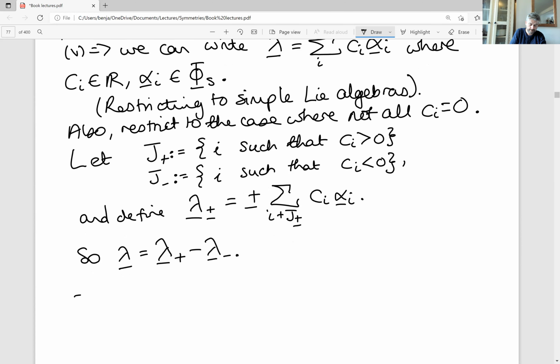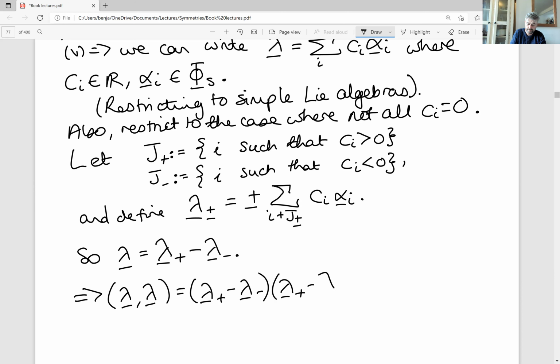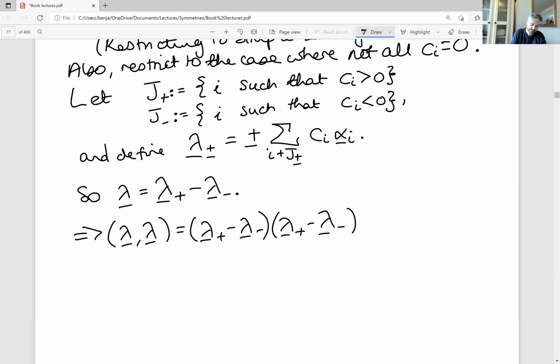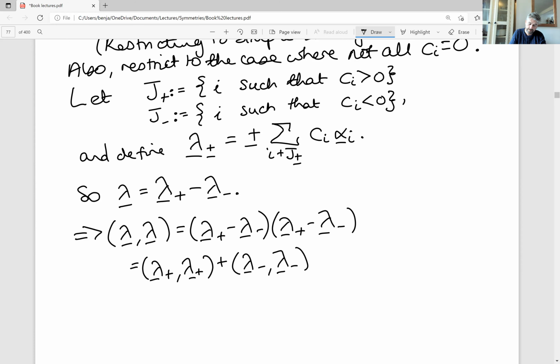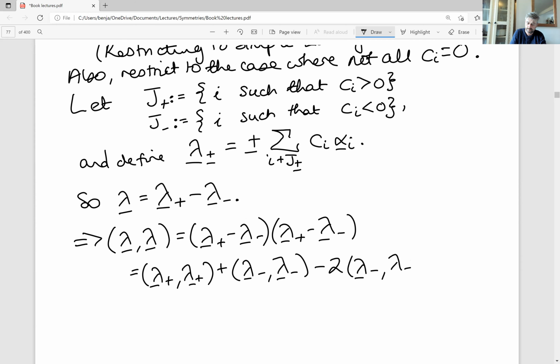So this implies, if we consider the inner product of lambda with itself, we just expand out this difference squared. So we get two terms which we know are positive. And then we get minus twice lambda minus, lambda plus.